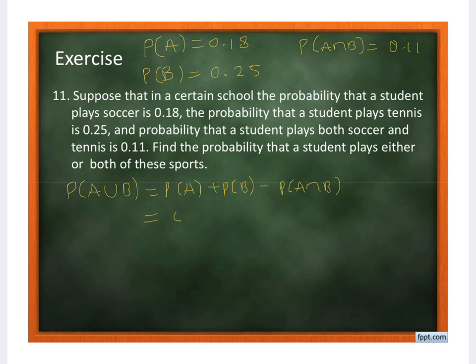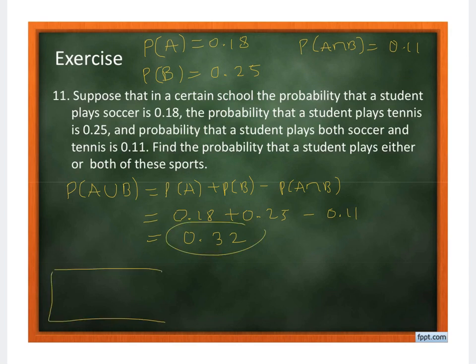So it equals 0.18 plus 0.25 minus 0.11. The answer is 0.32. Or we can use the Venn diagram.